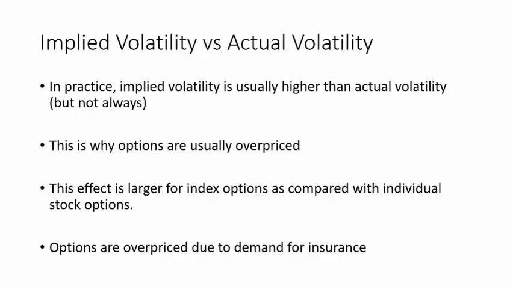And for this reason, the options are usually overpriced. When you buy options, you're insuring against a spike in volatility, against, say, a big crisis wiping out your portfolio or something like that. So this insurance demand leads to the overpricing, and that's why typically implied volatility will be bigger than actual volatility.